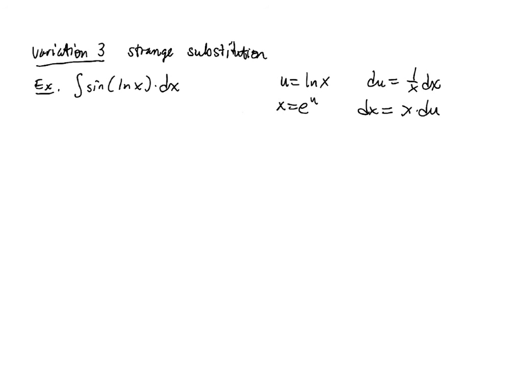But we've just found the expression for x, so dx is e to the u du. And so we can put those pieces into our integral here on the side. We end up with the integral of sine of u times that dx expression, e to the u du.